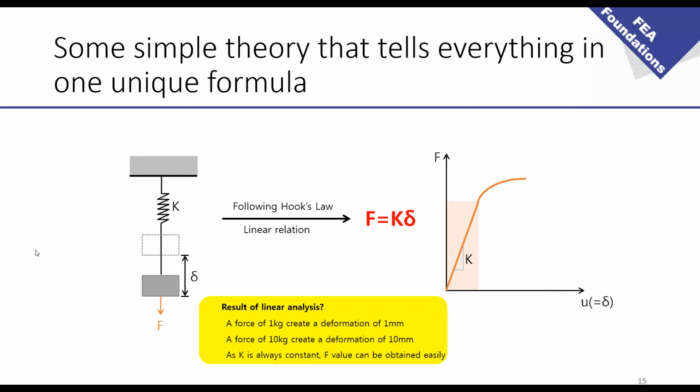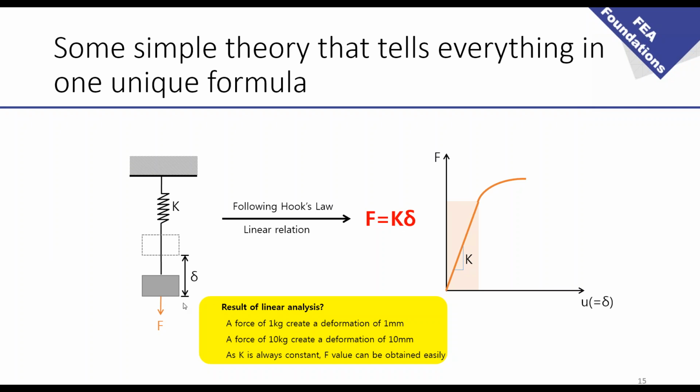Now, I told you at the beginning that I will tell you a very simple formula that tells about the linear static, and this is it. This is Hooke's law. If you consider a simple spring, you can express the relation between the force and the displacement like that, F equal K delta.